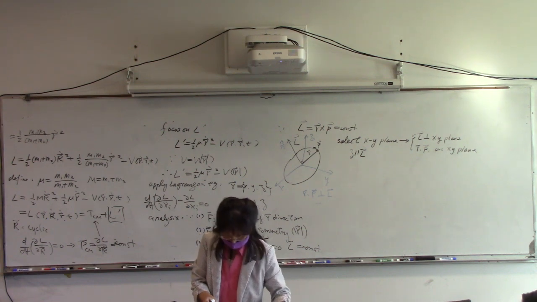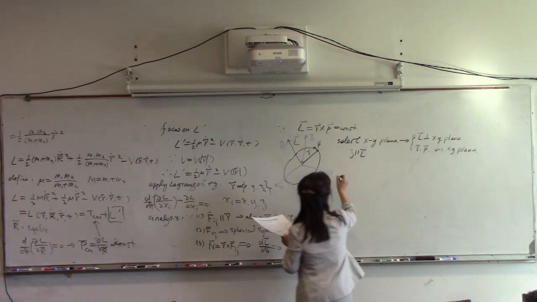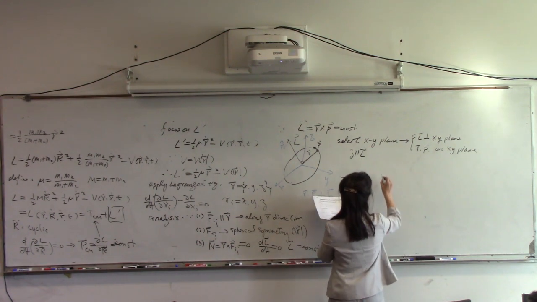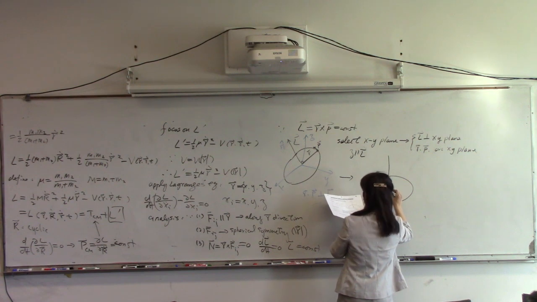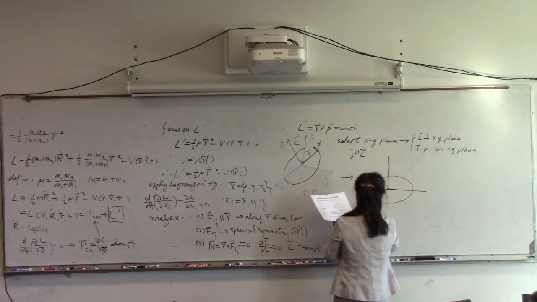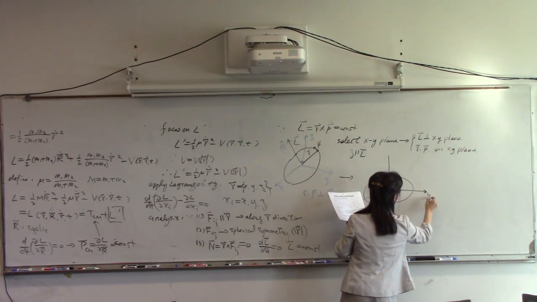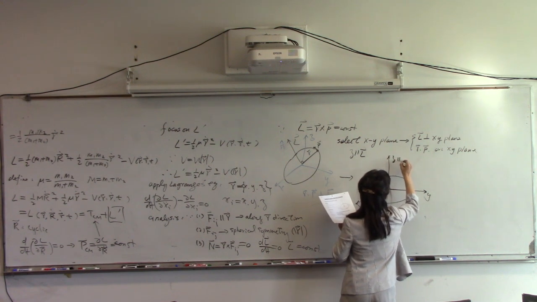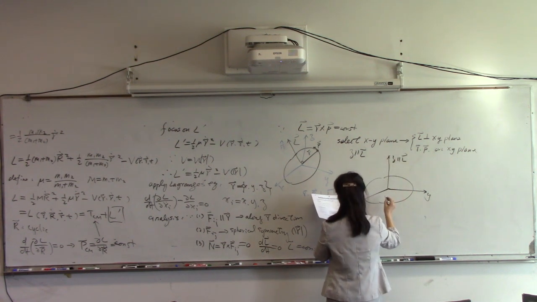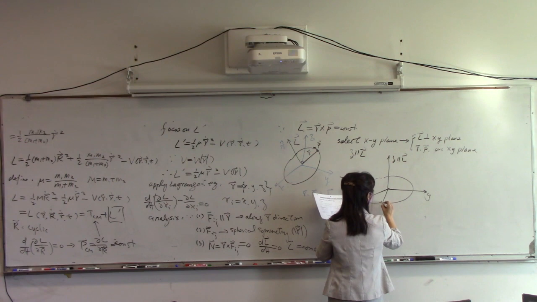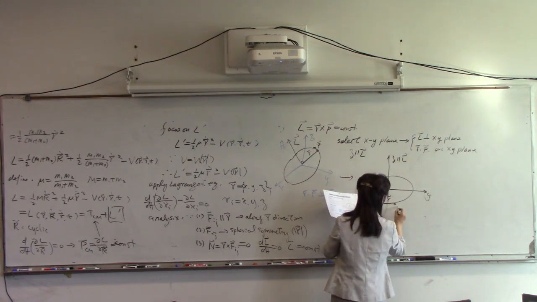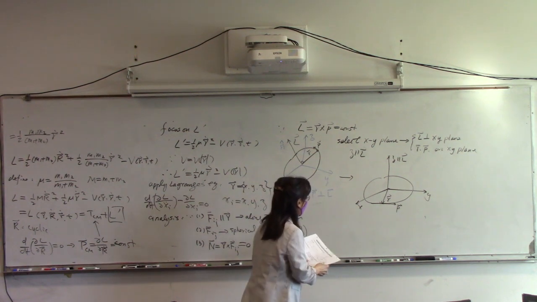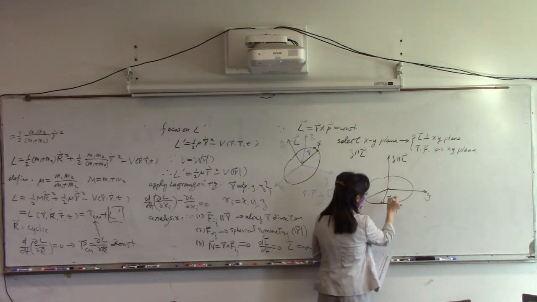Now let's go back to here. I'm going to rewrite this: x, y, with z parallel to L. Any position r is here, and the momentum here. Then we characterize the position by this angle.